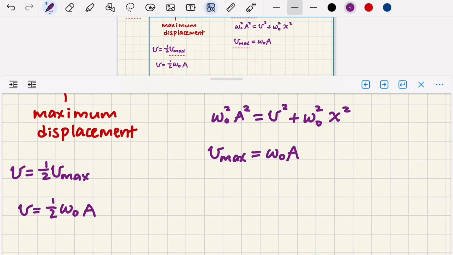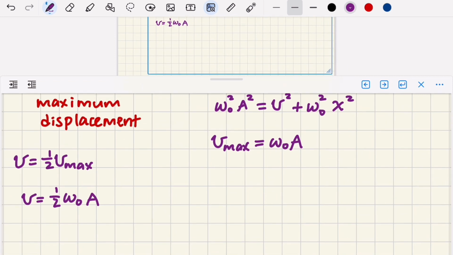And now we'll use this here, because when we apply this velocity, then we can solve for this displacement, which will give us the number required to reach this velocity, which is the one we want, half the maximum speed.